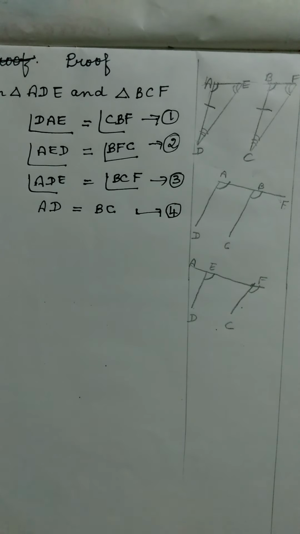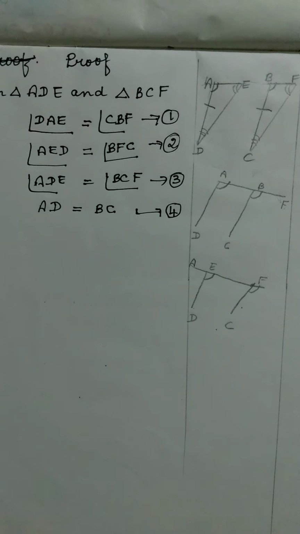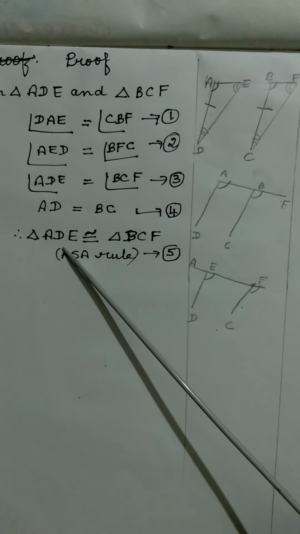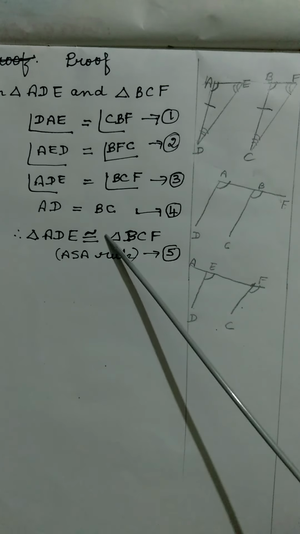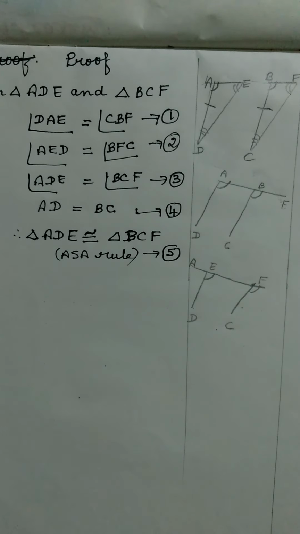Therefore, we can say that by ASA congruency, triangle ADE is congruent to triangle BCF. Therefore, in the next step, we can write it as triangle ADE is congruent to triangle BCF by ASA rule, and also by using the equations 1, 3 and 4.